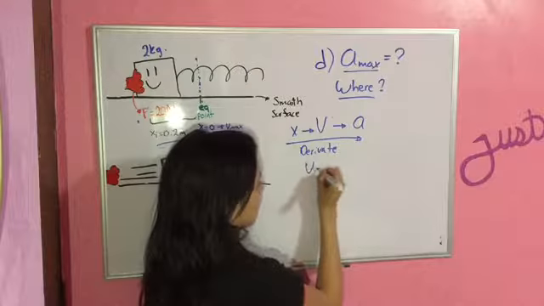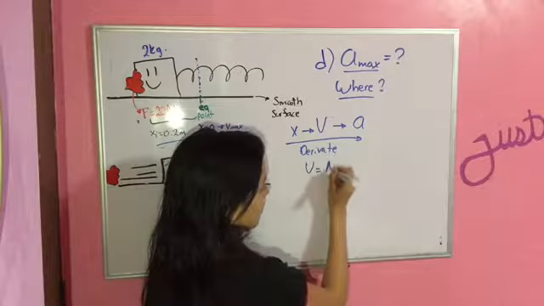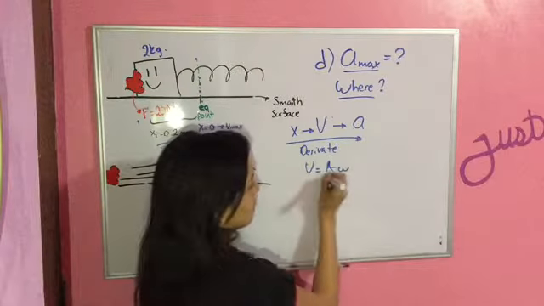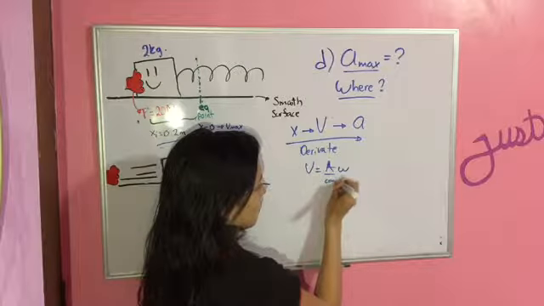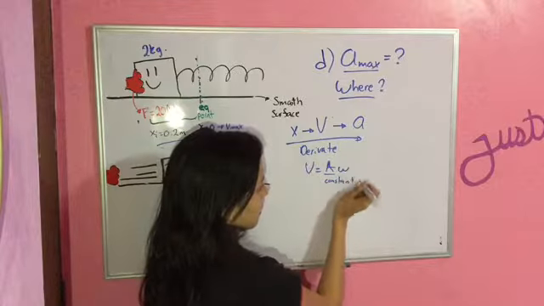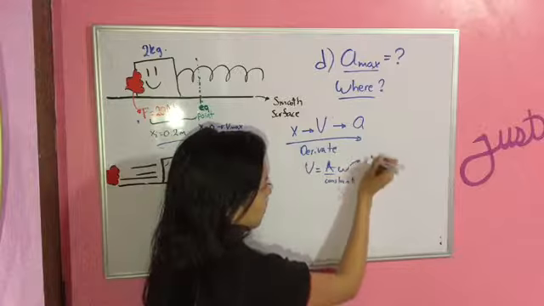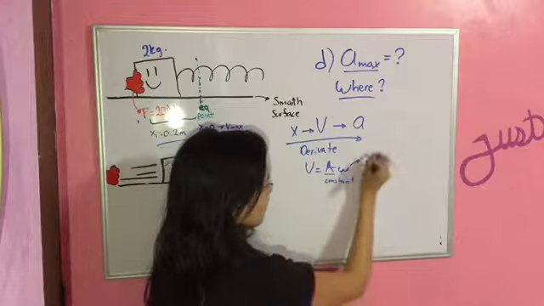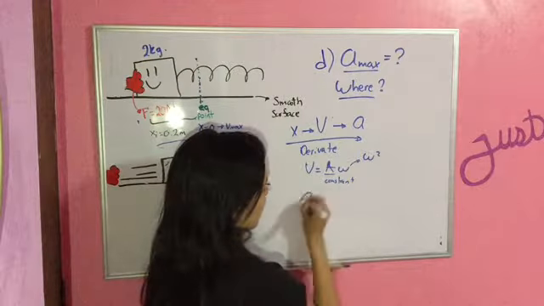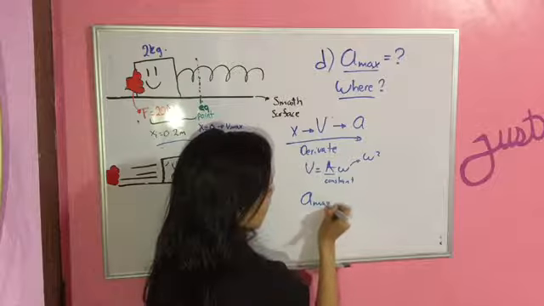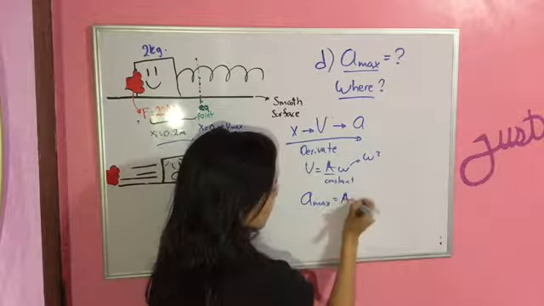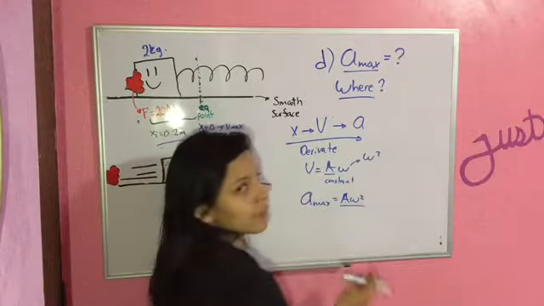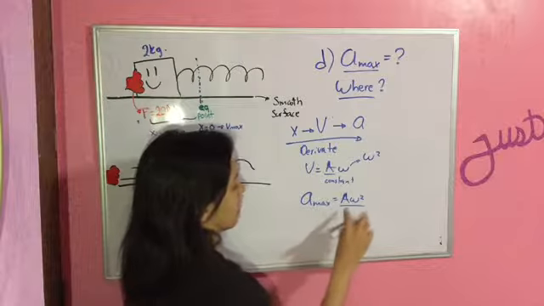So we know that the velocity equals the amplitude times the angular velocity, and the amplitude is a constant, so we only have to derive omega, and that will give us the acceleration at the maximum point, which is equal to the amplitude times omega squared.